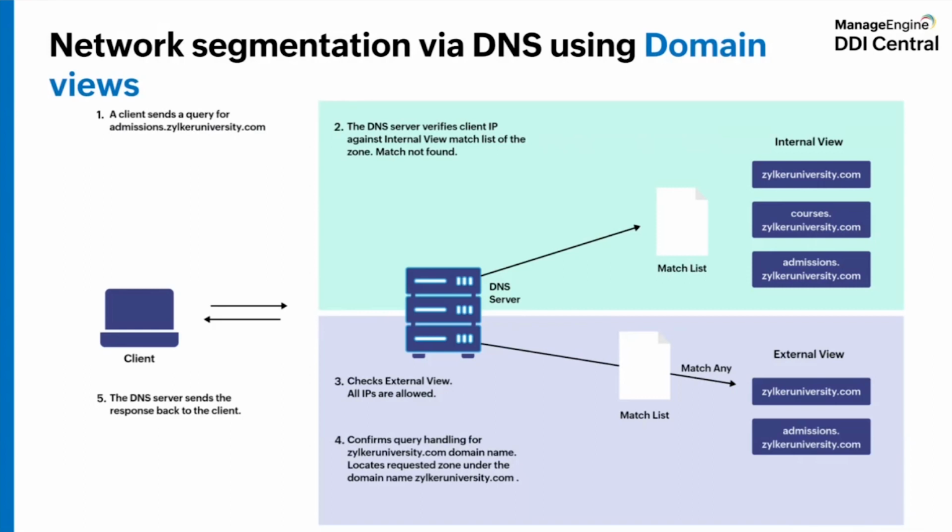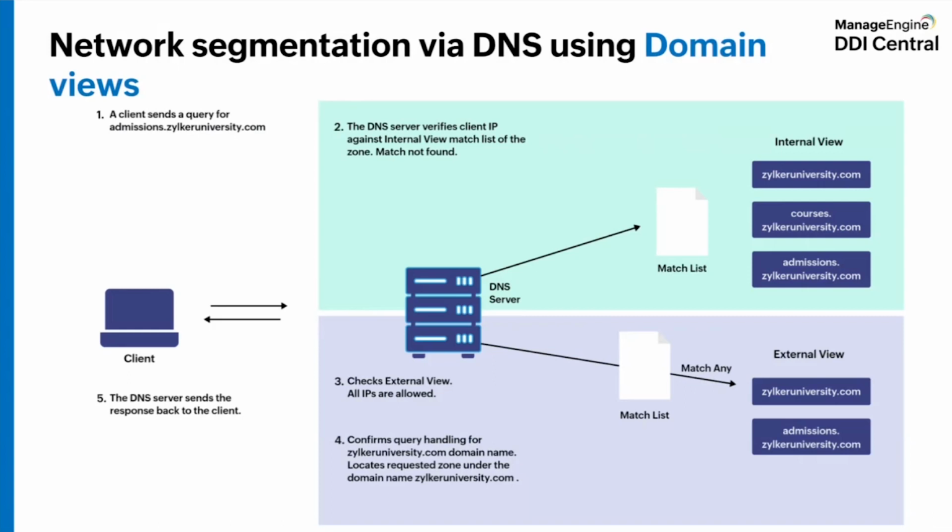Since the client IP is missing in the internal view, the DNS server then checks the external view. The external view has no such IP restrictions and resolves queries for any client IP. This view is used to provide a version of admissions.zilkeruniversity.com that only offers generic information about admissions.